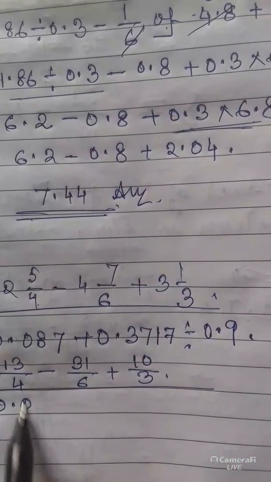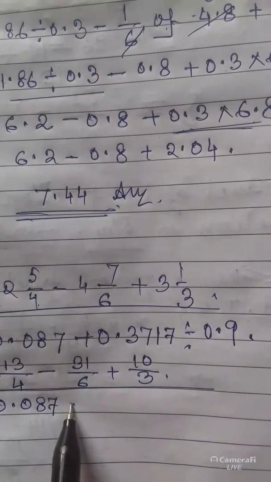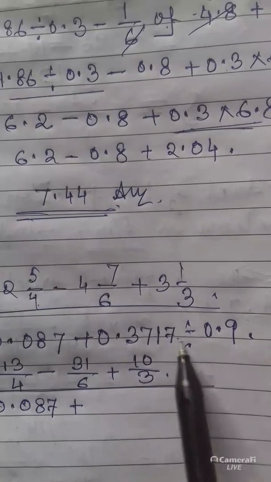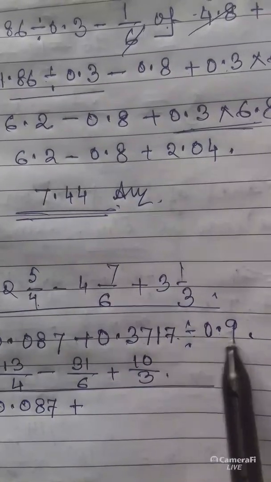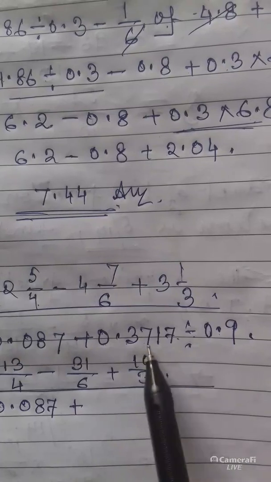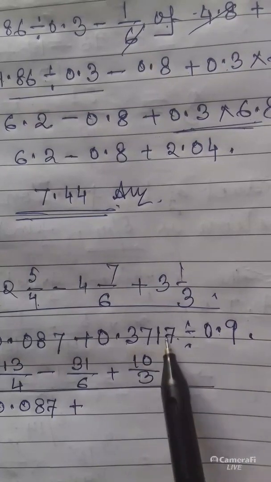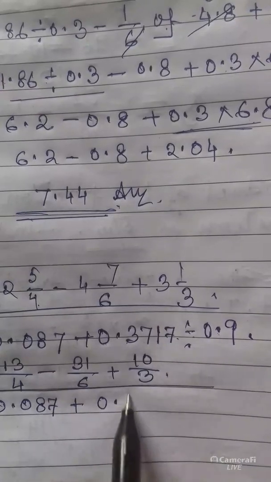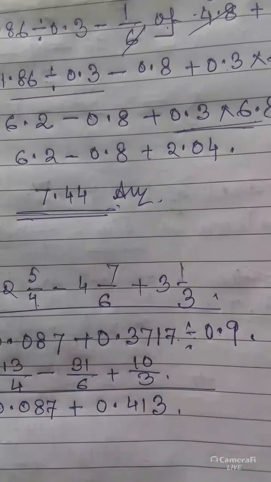Divide is the first function. If we divide 0.3717 by 0.9, we will get 0.413.